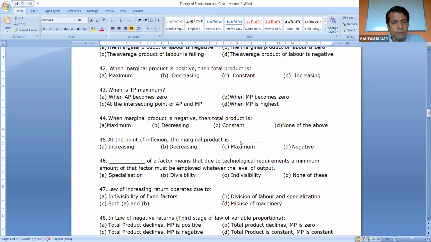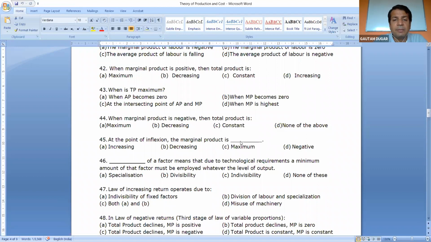46. Dash of a factor means that due to technological requirements, a minimum amount of that factor must be employed, whatever be the level of output. Anyone, can you tell me? Yes, very good answers coming in, Mudul, Tanisha, Ajay, Pallavi as well. It's indivisibility.